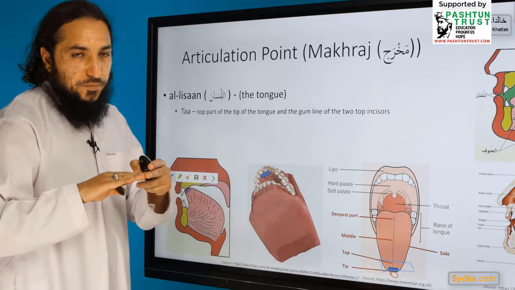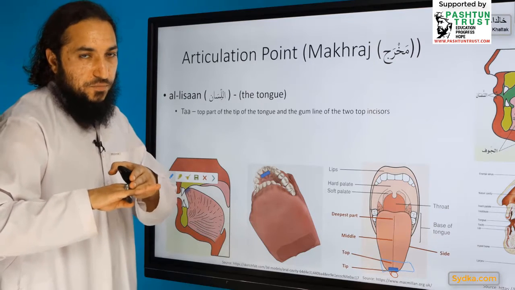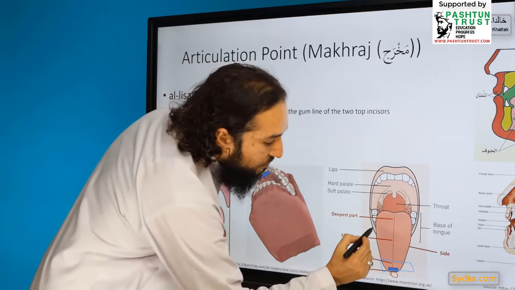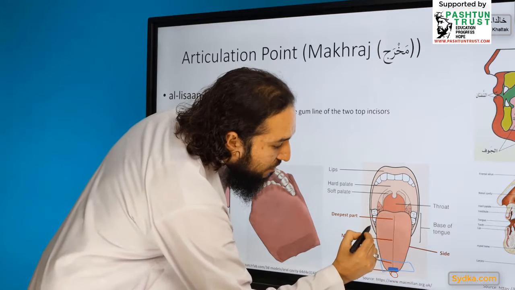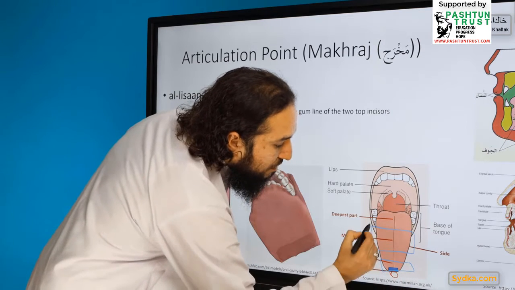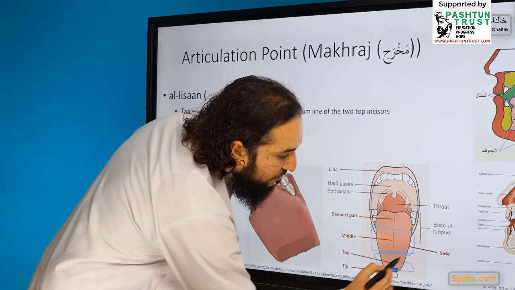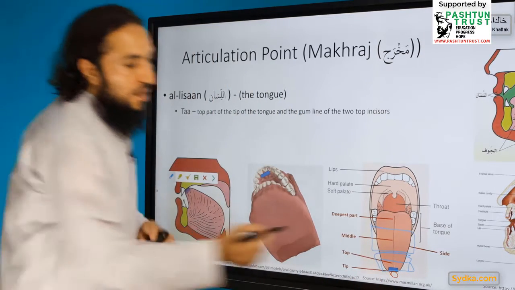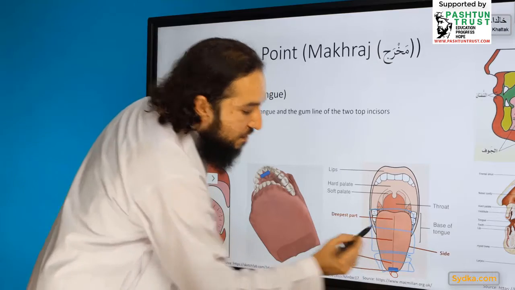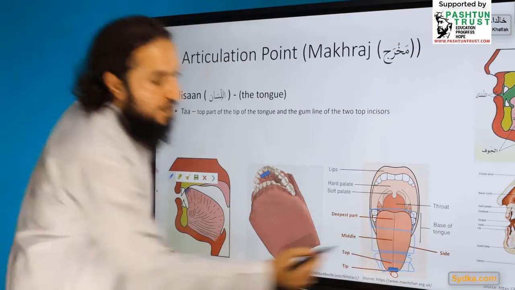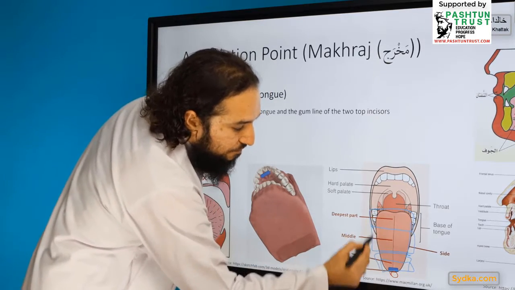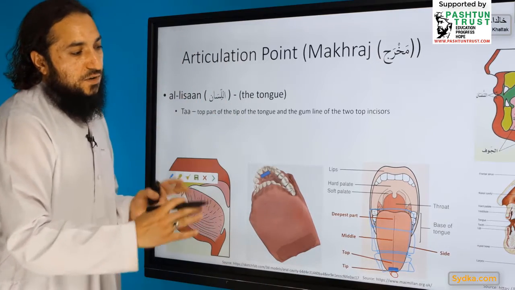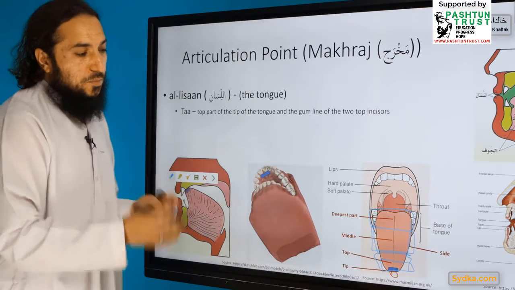So the first one is the tip of the tongue, and the next one is the top of the tongue. This is the middle part of the tongue, and this one is the deepest part of the tongue. And if you see, these are the sides. So we can divide the tongue into multiple parts.